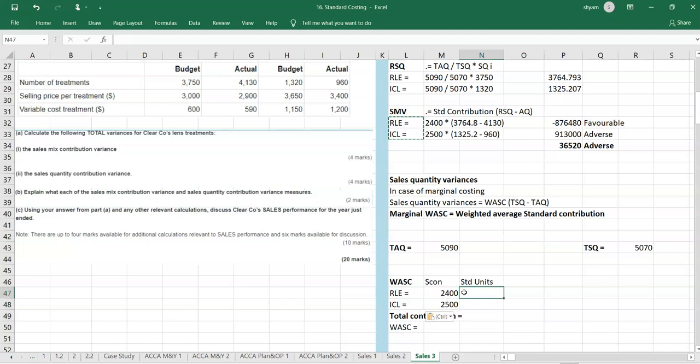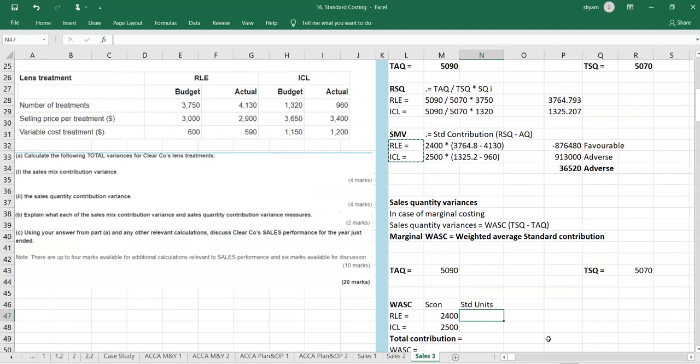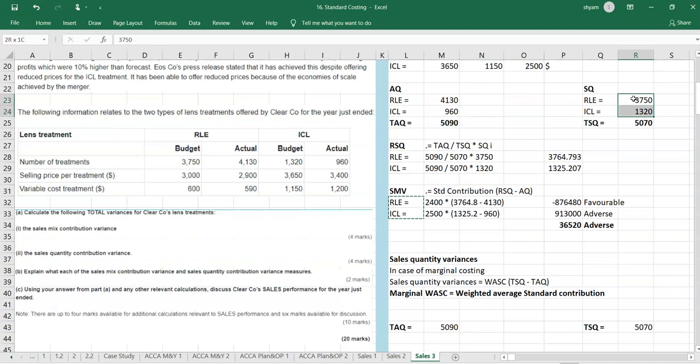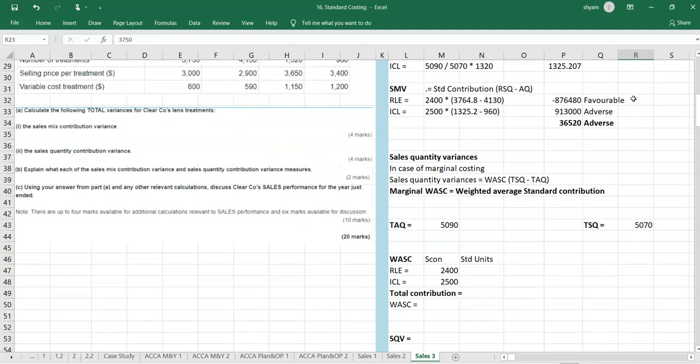For RLE, I think we can directly take TSQs. SQ items, we don't need to keep checking it.